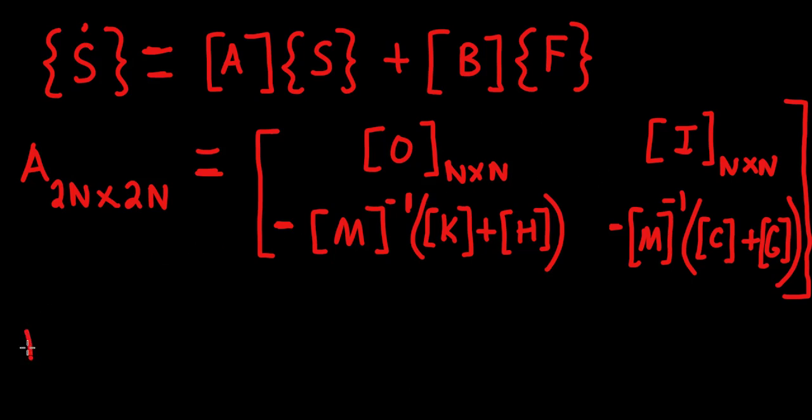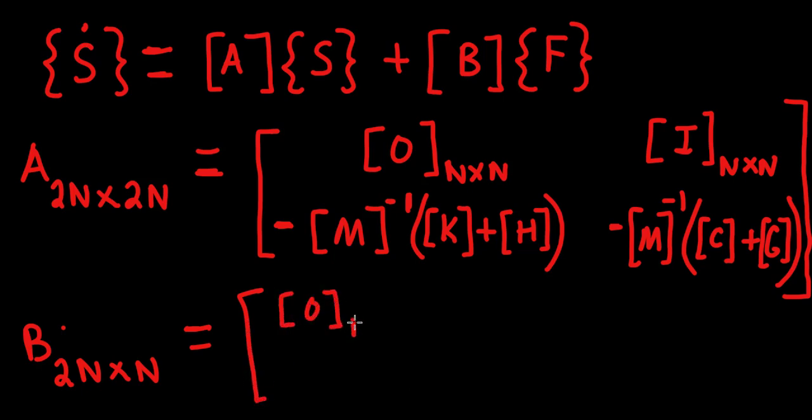Next up is B. What is matrix B? B is a 2n by n matrix, and it's equal to the zero matrix, which is again an n by n matrix, up top, and then on the bottom we have the inverse of the mass matrix.